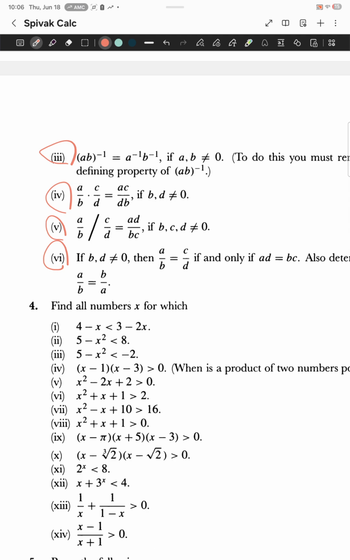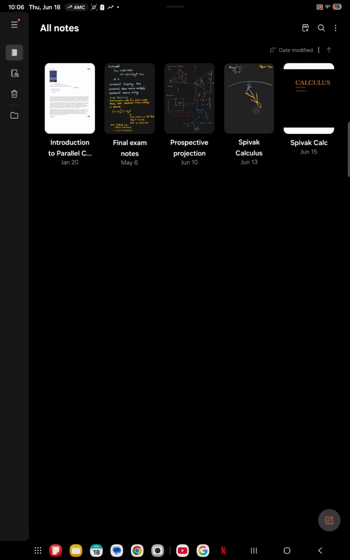So let's go to the note section, Spivak calculus. First of all, (AB) inverse is equal to A inverse times B inverse.